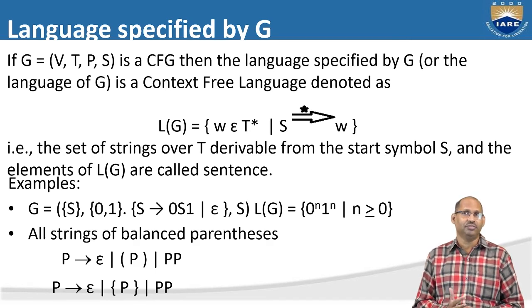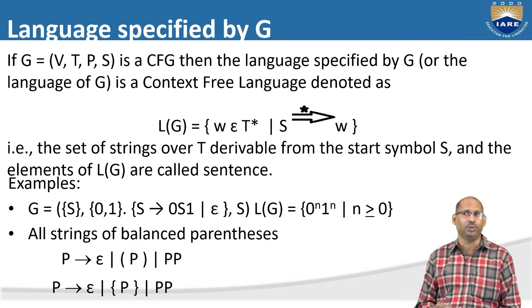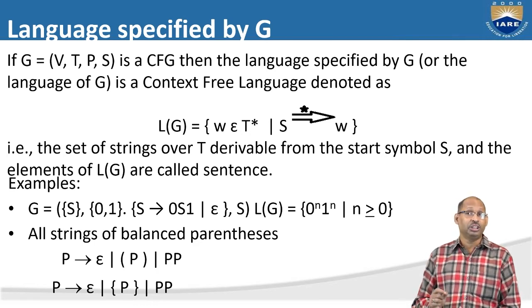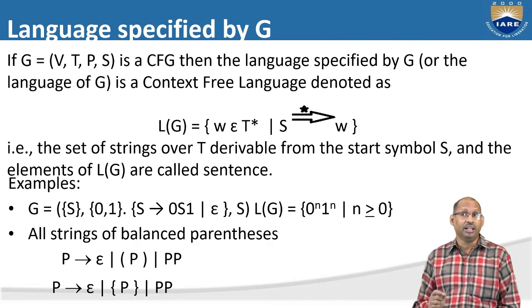Here, this L of G is a context free language which consists of all the strings W. It consists of all the strings which belong to the star closure of the terminal symbols. A string is always a sequence of terminals only, so W belongs to the star closure of terminals.